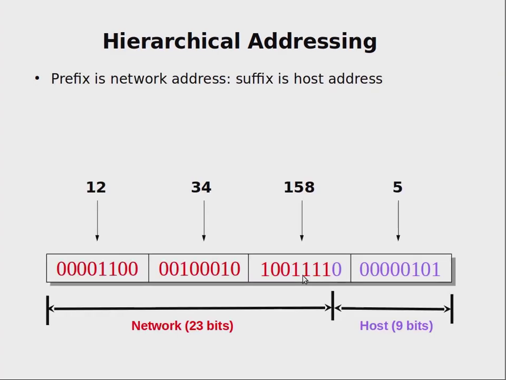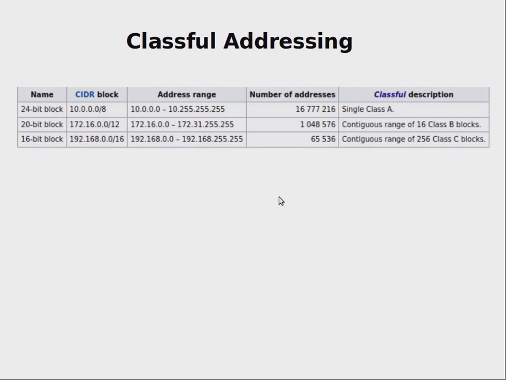But initially this bit mask was hard-coded and it had 3 different levels. Either only the first 8 bits represent the network and all 3 remaining bytes represent many devices connected to it. So that means there could be only 255 different networks, and 2 to the power of 24 is, I think, 16 million. Here it is, 16 million computers connected to this network.